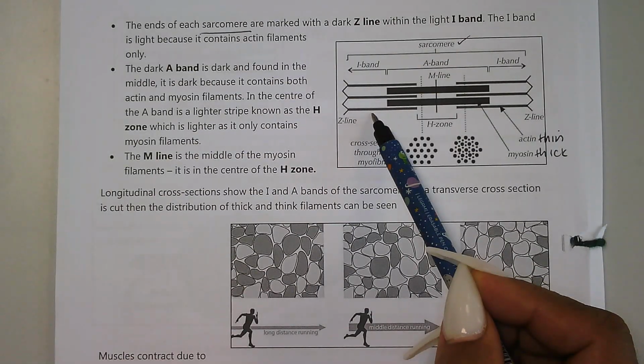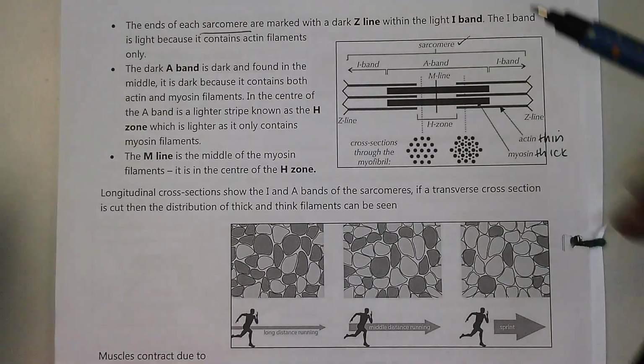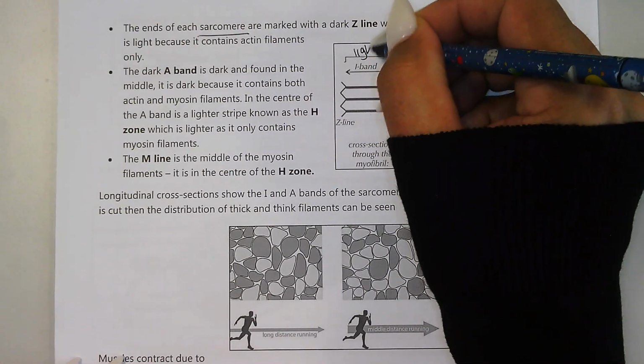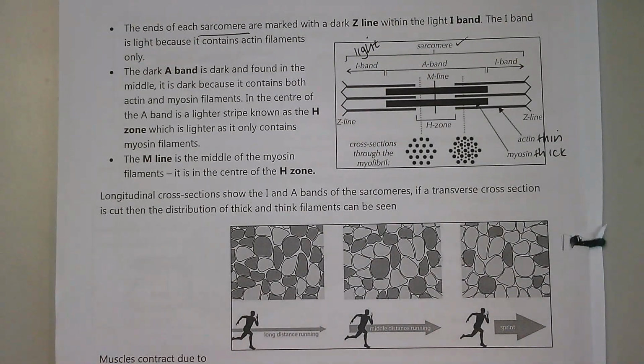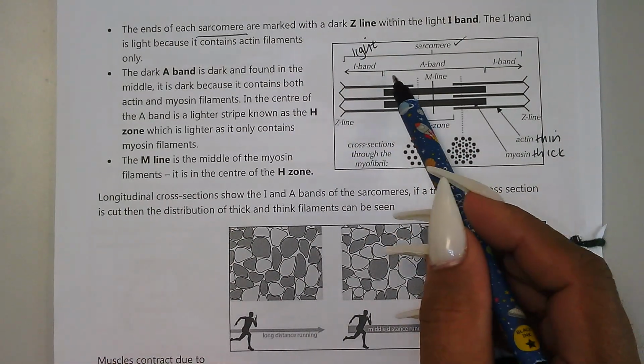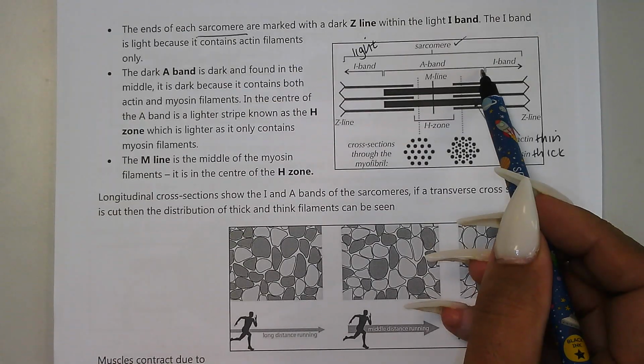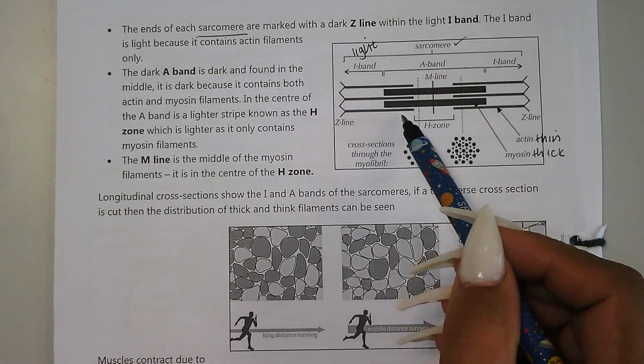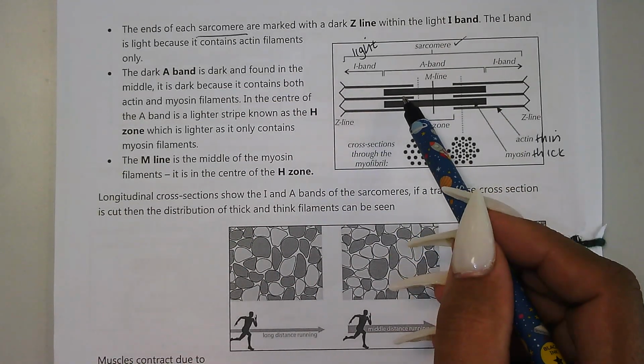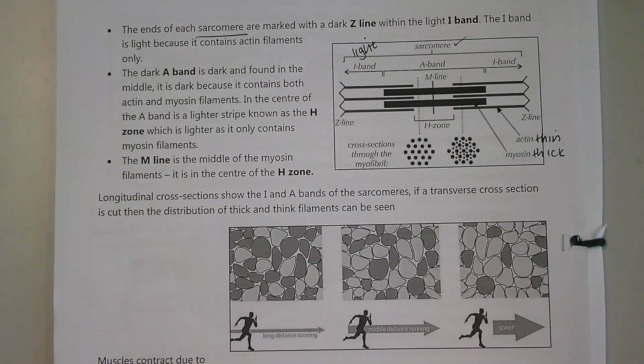Under a microscope, this region of the sarcomere would look light. We'd say this is a light band. It would appear quite light in comparison to the region next to it, where we've got actin and myosin in that same region. They overlap.